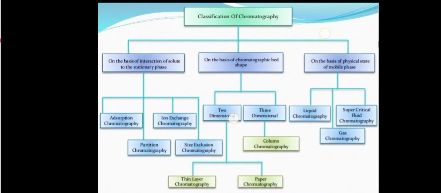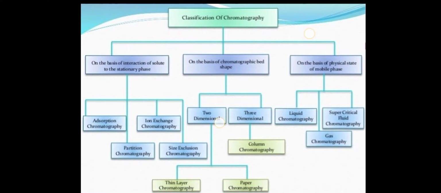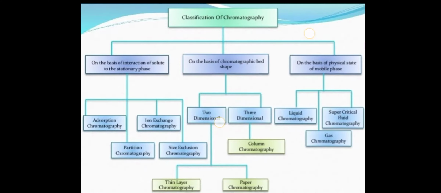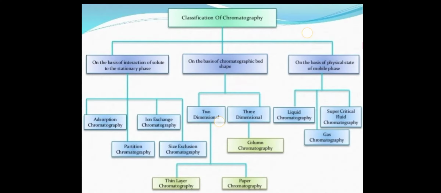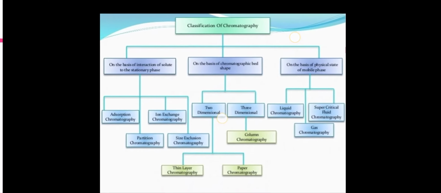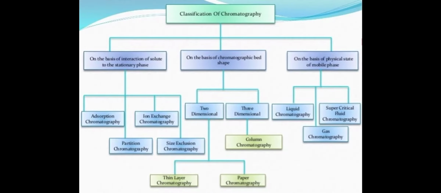Now, dealing with the first, on the basis of interaction of solute to the stationary phase. Here, solute is the sample which we want to separate, the components of the sample which we want to separate. As we know, there are two phases in the chromatographic separation. First is mobile phase and second is stationary phase.